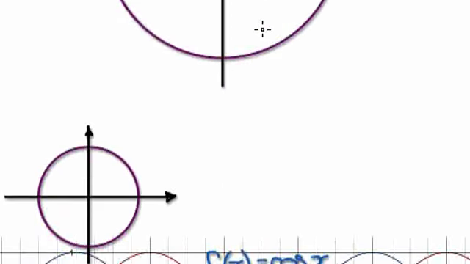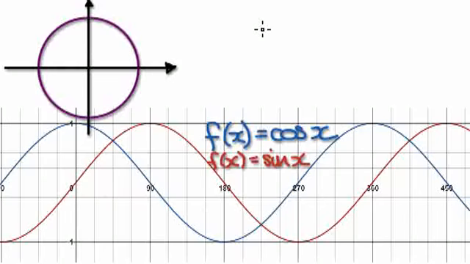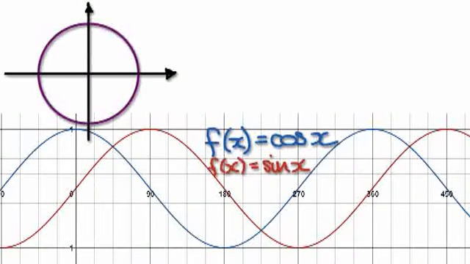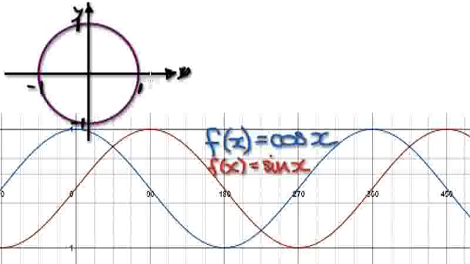So here you've got, let's say, our unit circle. This is 1, this is negative 1, and this is 1 here, and this is negative 1 on the x and y.